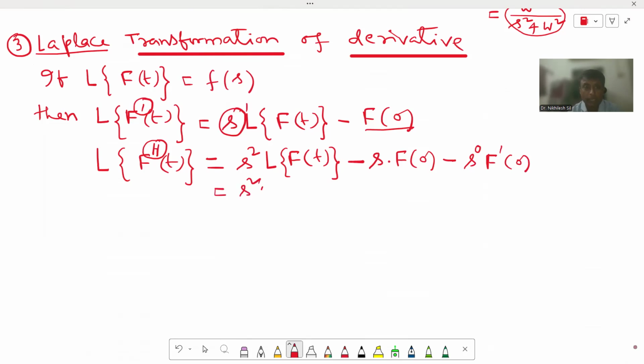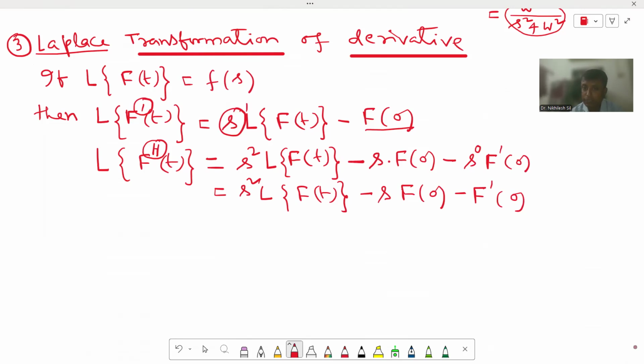s square L of f(t) minus s into f(0) minus f dash 0. Clear? So if it is 2 times derivative, then the power of s will be 2, L of f(t).